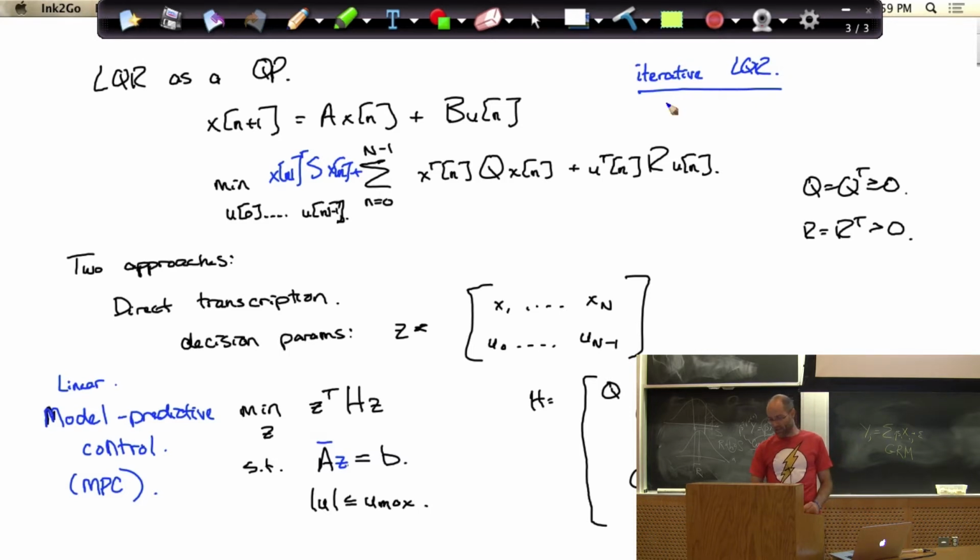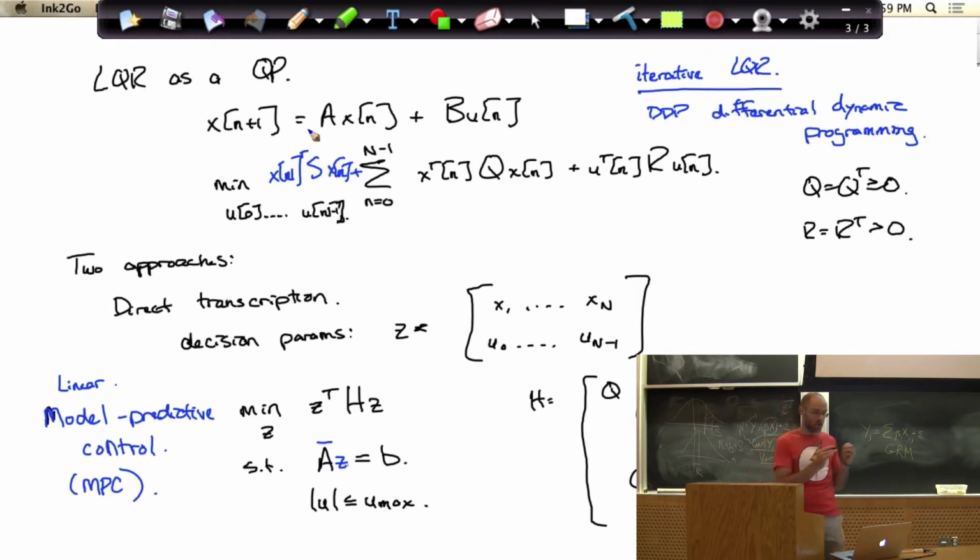A slight variation of it is called DDP, Differential Dynamic Programming. It's almost the same thing, but here we did more than that. We took a linearization of the dynamics and a quadratic approximation of the cost locally.